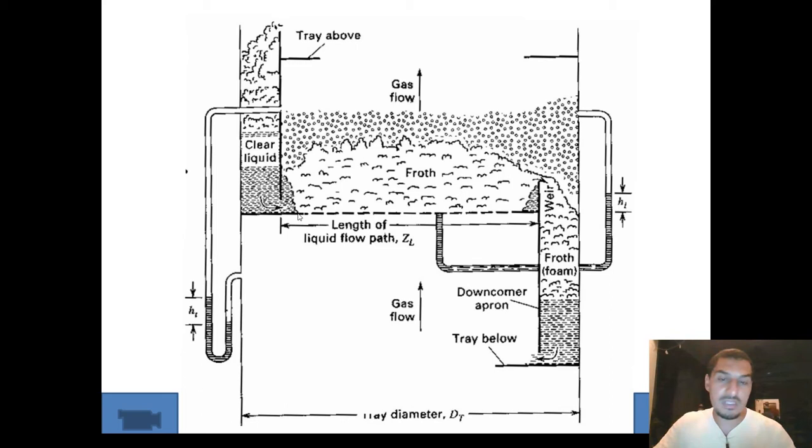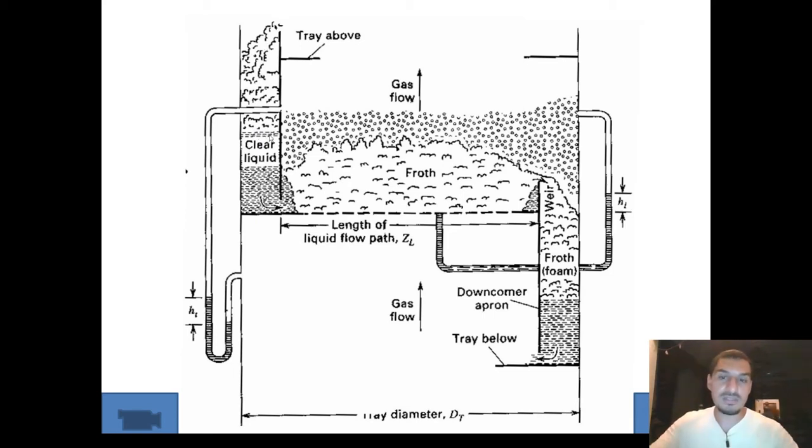Just as a refresher, the tray is a place where we let the liquid and the vapor meet. The liquid is coming from the tray above, going through the downcomer, which is this part. This downcomer should be high enough so that the liquid gets clear.